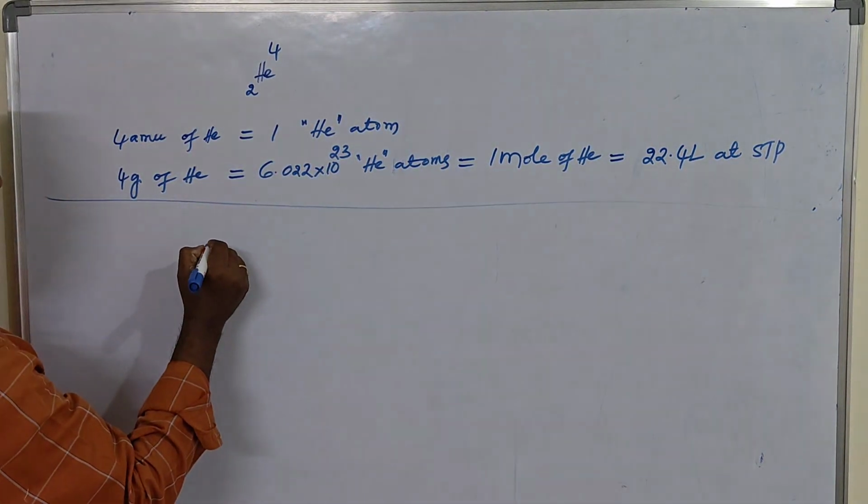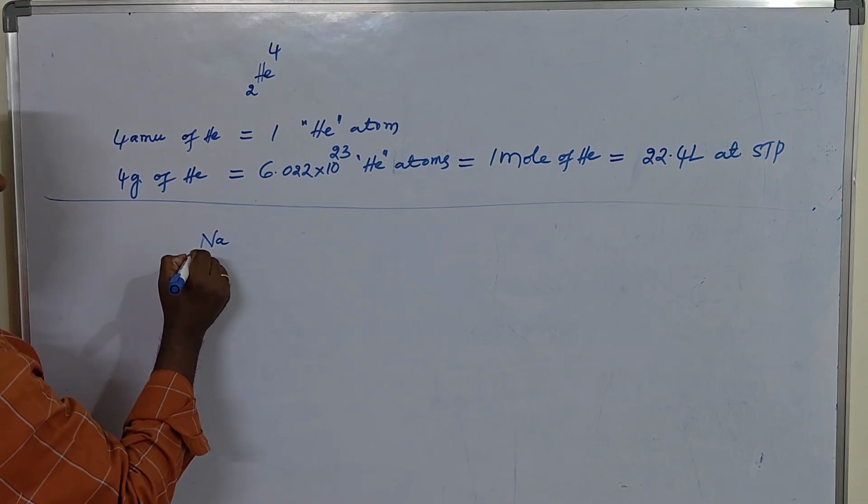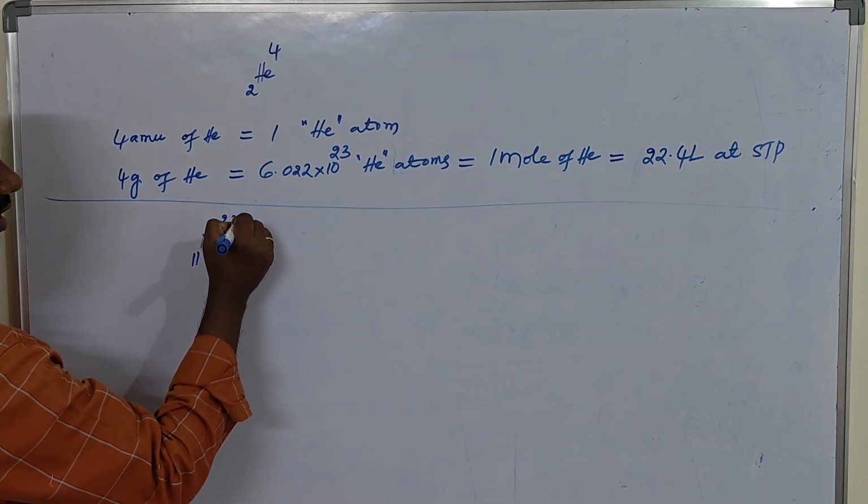If you take sodium, atomic number is 11, mass number is 23.